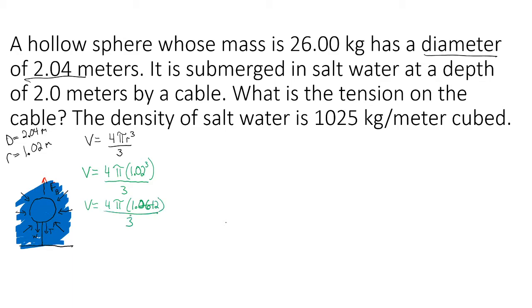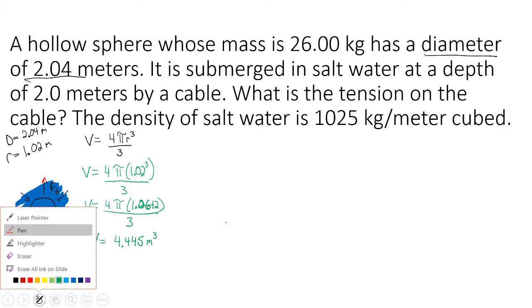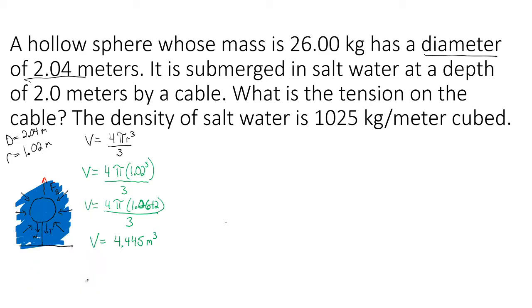So I can multiply it by pi, multiply it by 4, then take that whole thing and divide it by 3 to get an approximate value for the volume of 4.445 meters cubed.